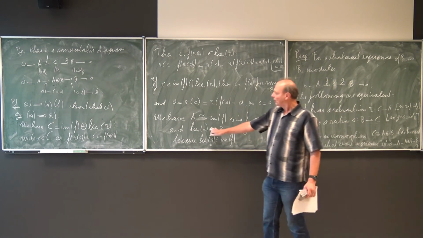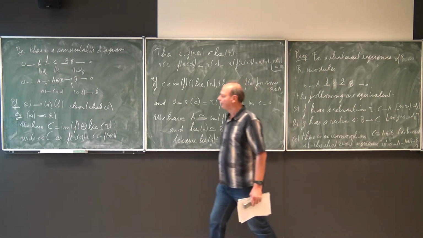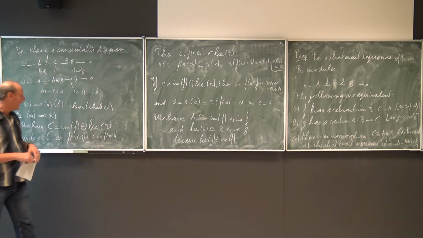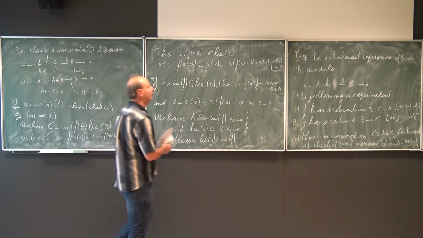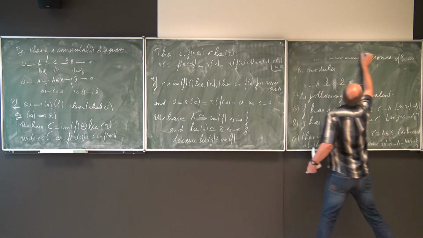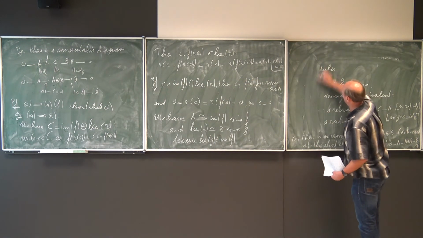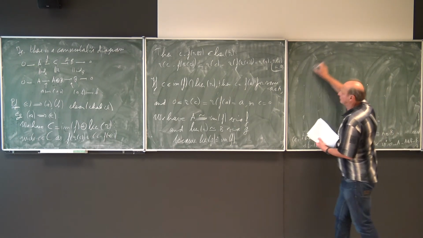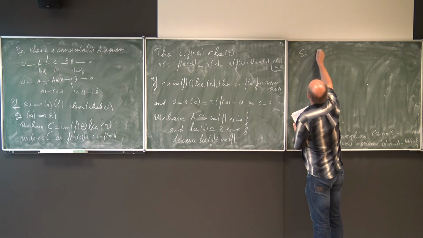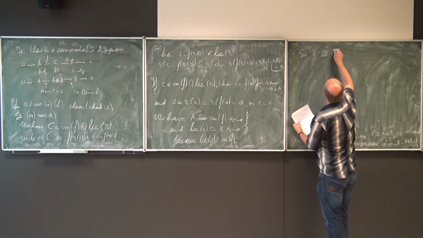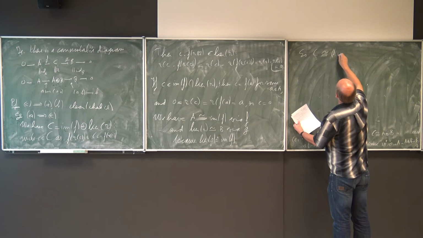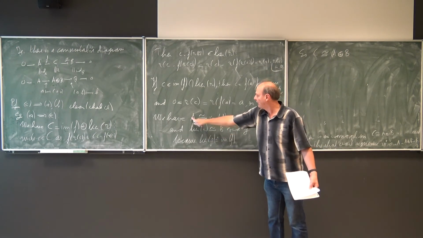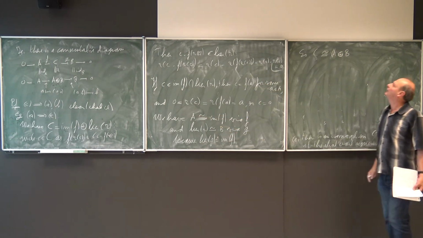Anyway, that gives you this one, and therefore we now have identified that this guy is isomorphic to A direct sum B. So C is isomorphic to A direct sum B, because that was the image of F and the kernel of R, and both are isomorphic to respectively A and B.